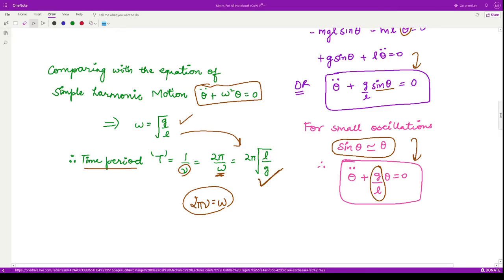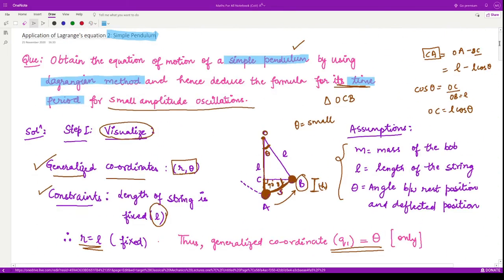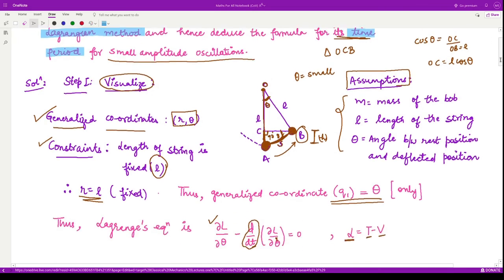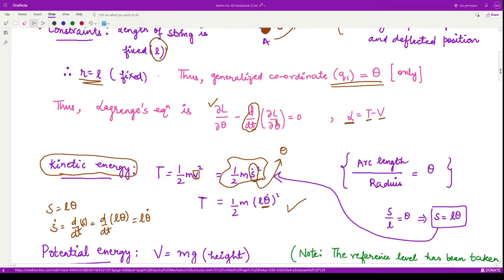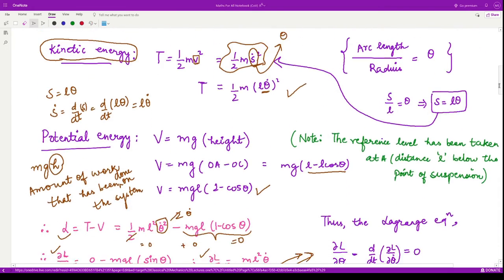So you saw in this example, for calculating the equations of motion for a simple pendulum, we have to visualize what is happening over here. We have to make some assumptions. We have to select the generalized coordinates and constraints, and then we can march forward to calculate kinetic energy and potential energy, and then the Lagrangian.